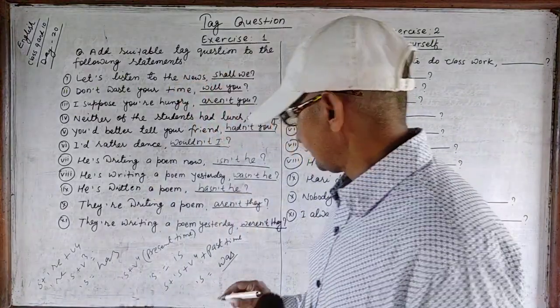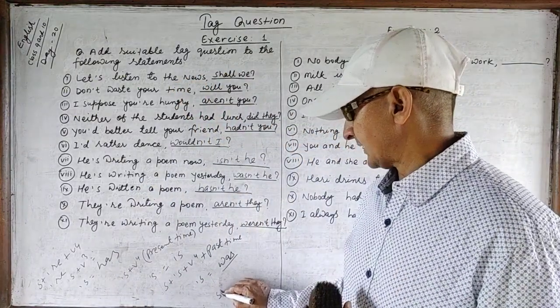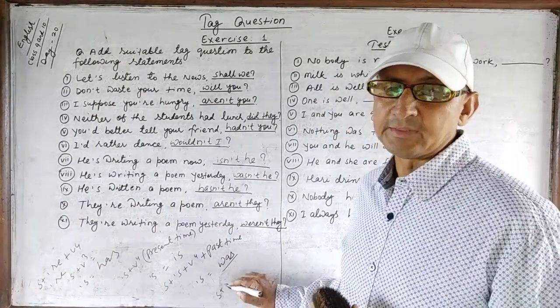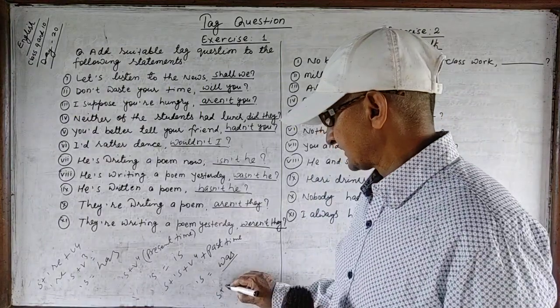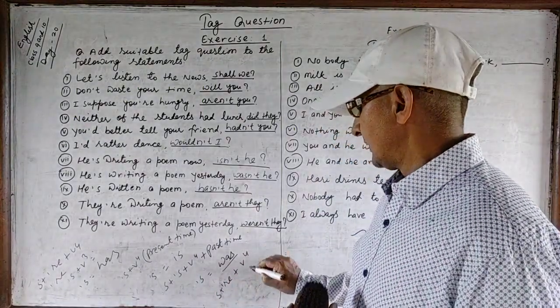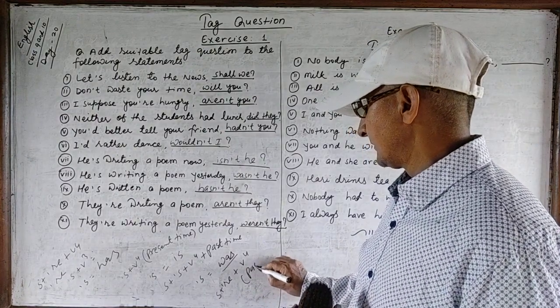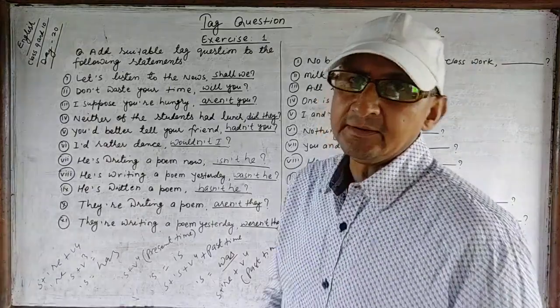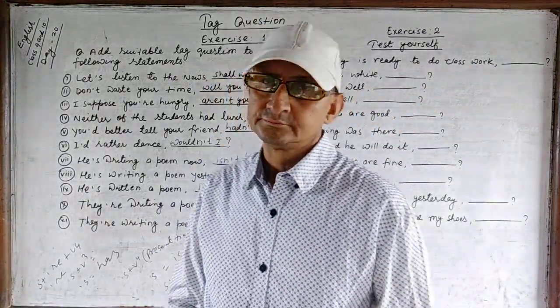If there is a subject plus apostrophe re and V4 after, and it shows the past time, the re becomes were.